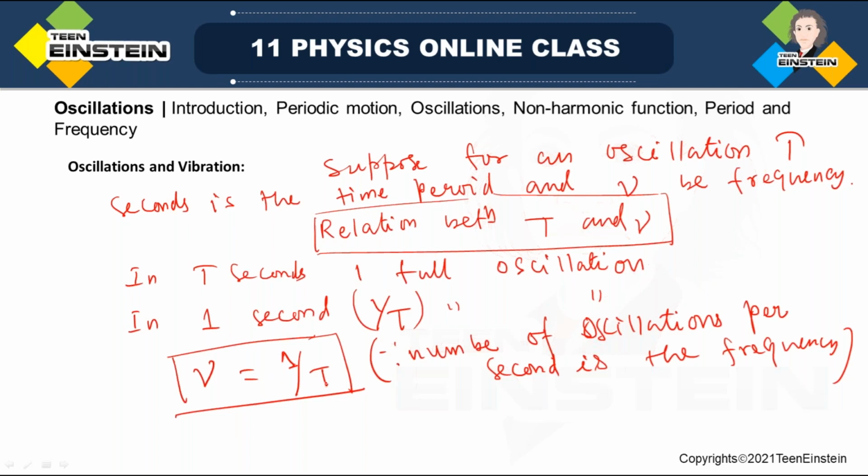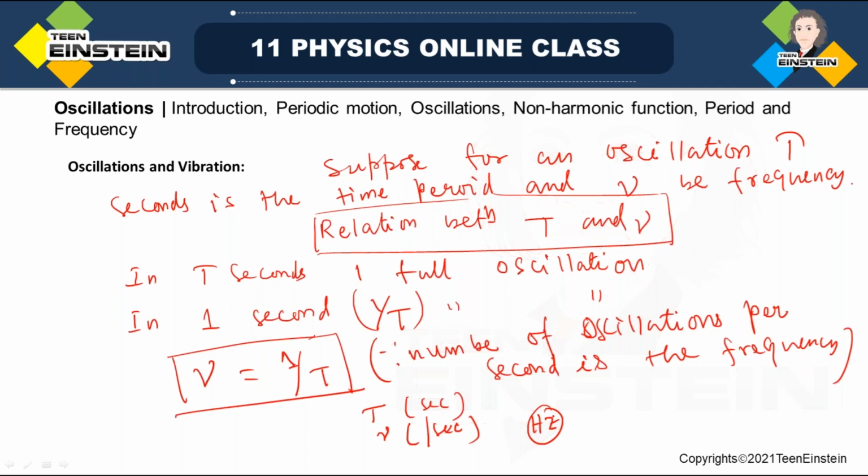So this t has unit second and nu has unit per second. Per second is given a new name called hertz, denoted by Hz, capital H and small z.